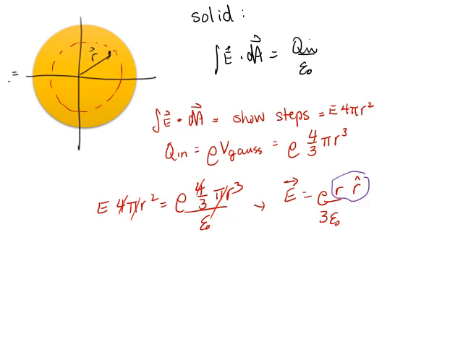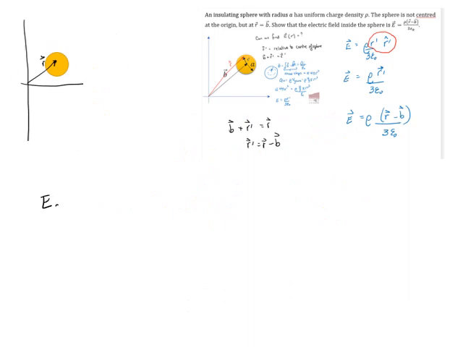Okay, so let's write down that result. So our electric field of our solid sphere as a function of position relative to the origin r is equal to the charge density times that vector relative to the origin divided by 3 times epsilon naught. There's our electric field vector for the solid sphere. Our electric field of our small sphere, we can recognize that we already solved this problem in the previous question we did.